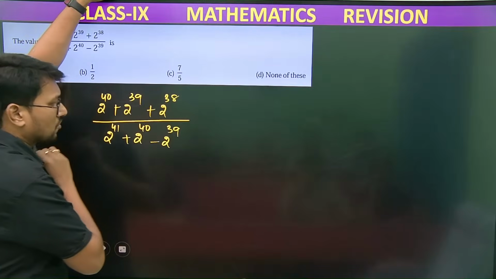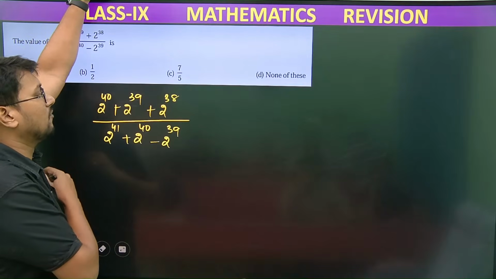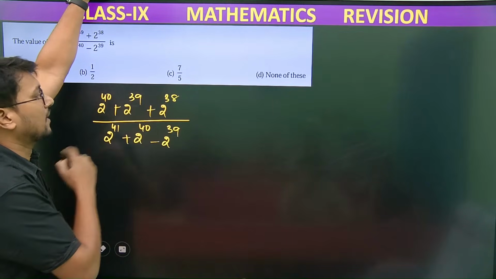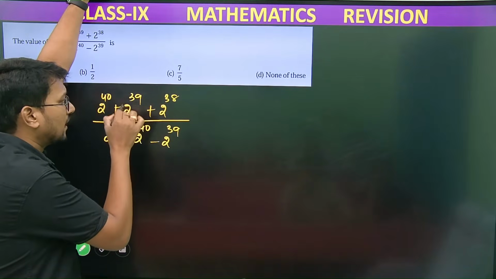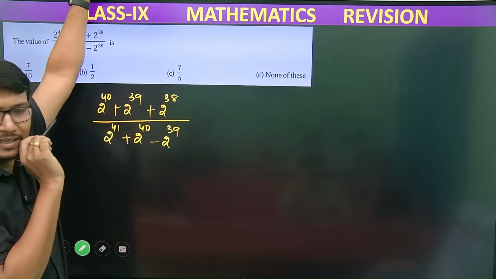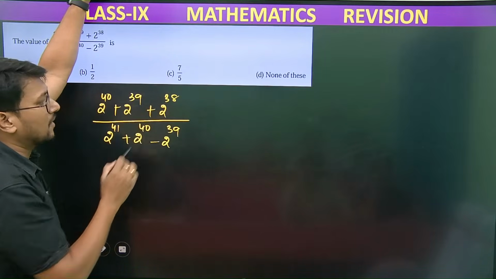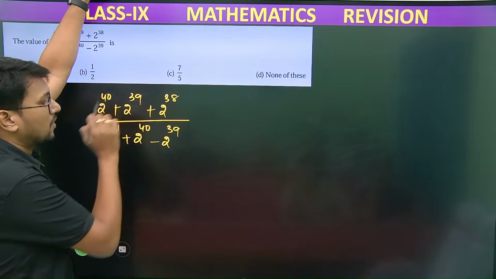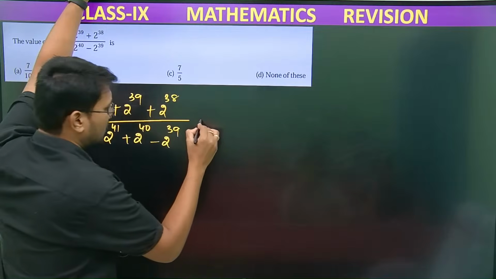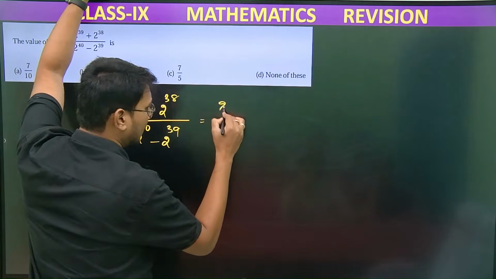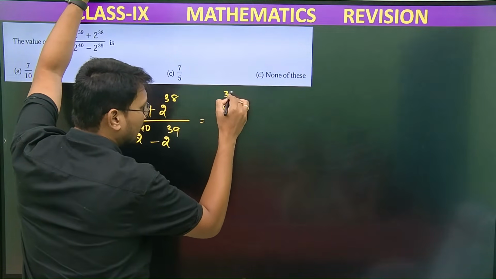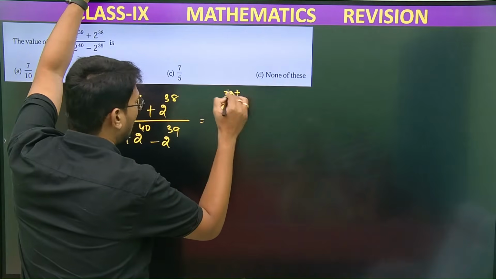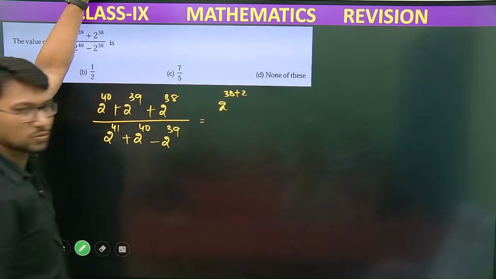For solving this question, one thing we have to use. Check 2 to the power 39 and 2 to the power 40. Is it possible to write 2 to the power 40 as 2 to the power 38 plus 2?